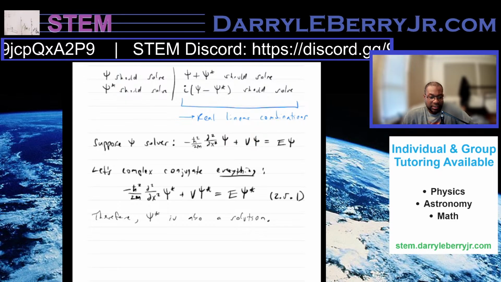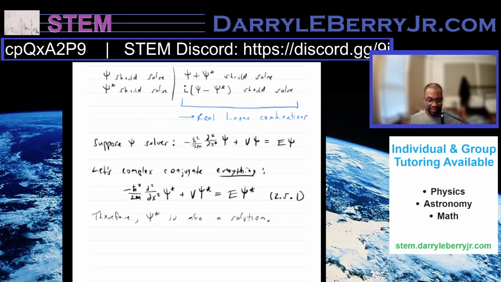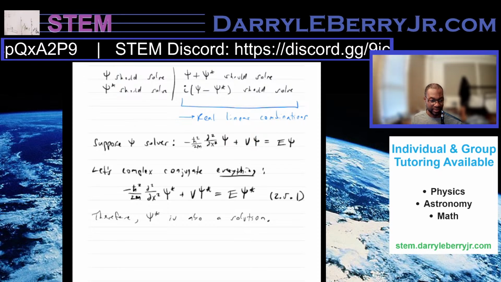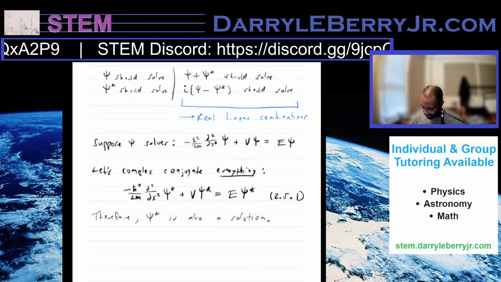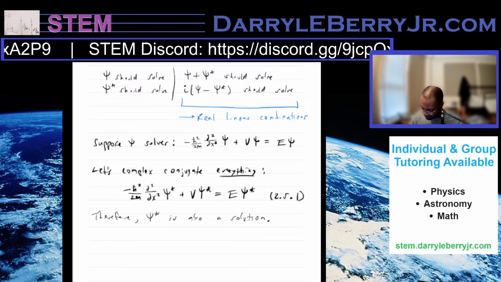It's generally true that if we have two solutions for the time independent equation with the same energy eigenvalue E, we see that E is unchanged because you don't take a complex conjugate of E.